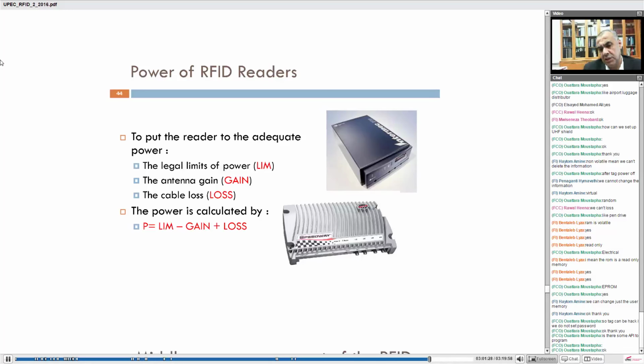The readers should be powered on, so you put the reader at the adequate power, because the reader will provide the power through the cable to the antenna. So here I have the antenna, and you have the electromagnetic wave.